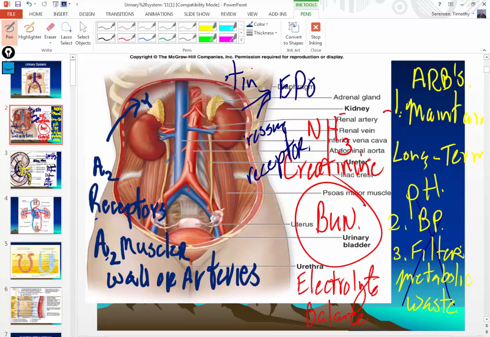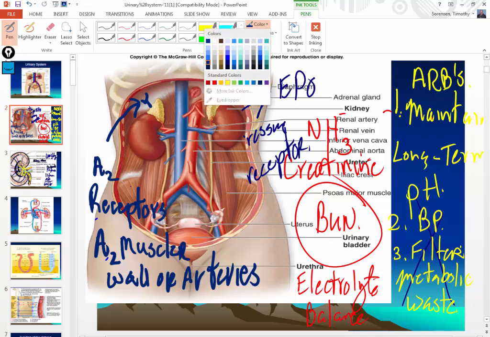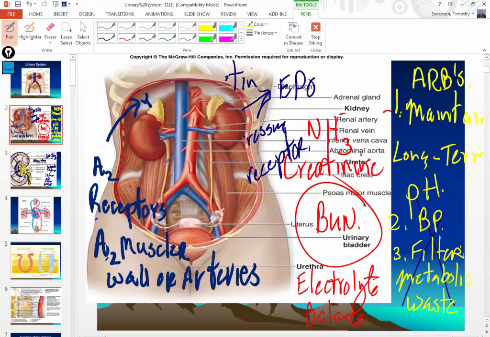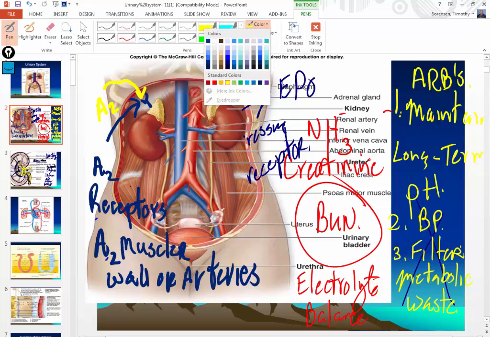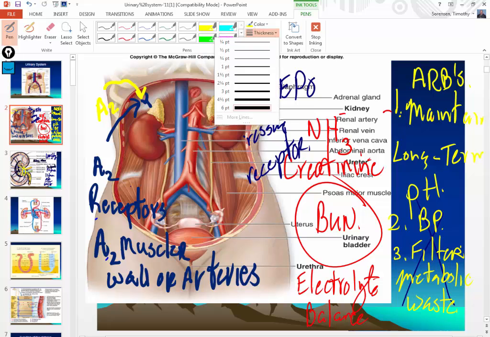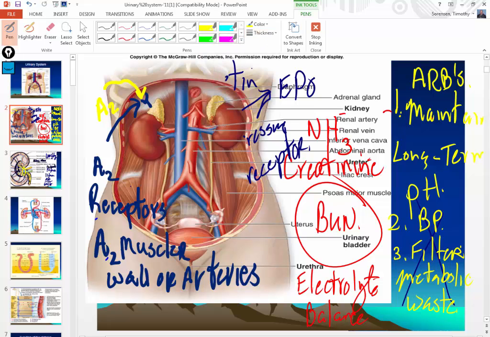So when angiotensin 2 is produced from angiotensin 1, ACE converted angiotensin 1 to angiotensin 2, angiotensin 2 is going to bind with angiotensin 2 receptors, and it is going to cause the release of the hormone into the blood from the adrenal cortex called aldosterone.